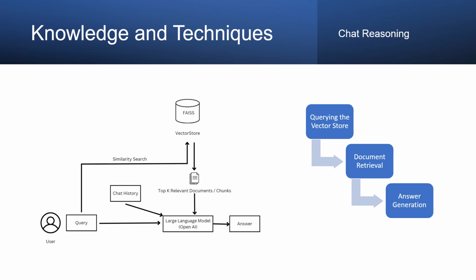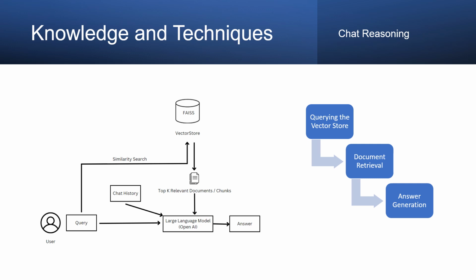Here you can see a detailed explanation of the knowledge and techniques required for chat reasoning. The user will first ask a question posed as a query. This query will go through pre-processing, which I will explain later, and be transformed into a word embedding. We then query our vector store that we have created, finding the top k relevant chunks based on their embeddings that are the most similar to the query embeddings.